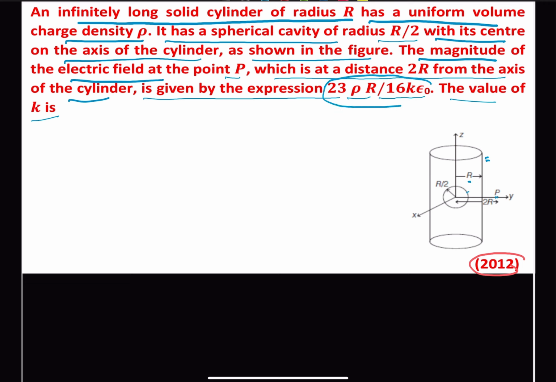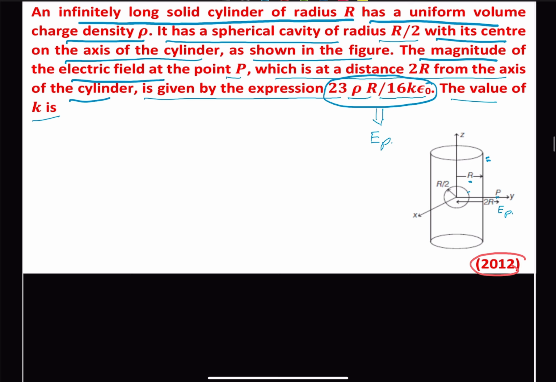So basically we are going to find out the net electric field at point P because of the cylinder as well as the cavity. So we are going to equate it to the given expression, and from there we are going to find out our k. So this is directly based on the formula, and we know the electric field due to an infinite cylinder, and we also know the electric field due to a sphere.